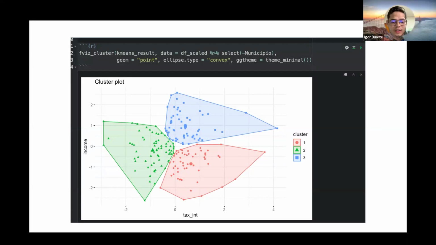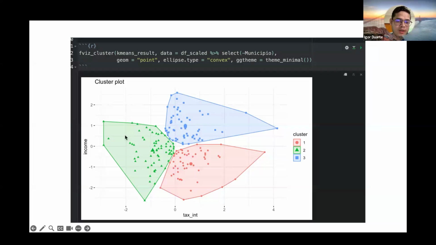As you can see here, 3 clusters maybe is a good division. Each point is a city, and the 3 clusters separate the cities based on income and the rate of hospitalization.